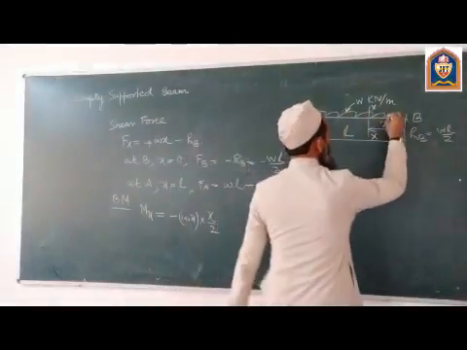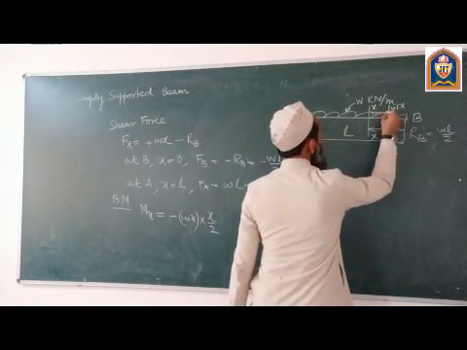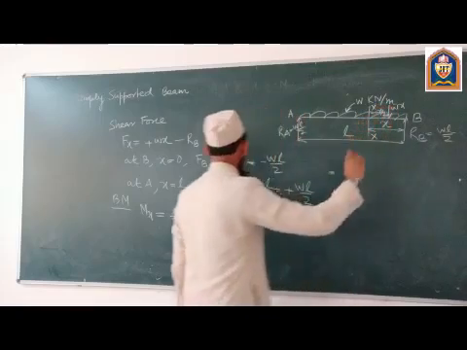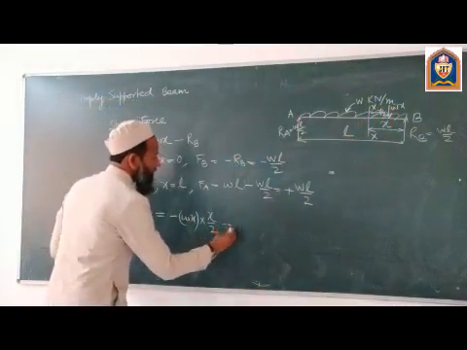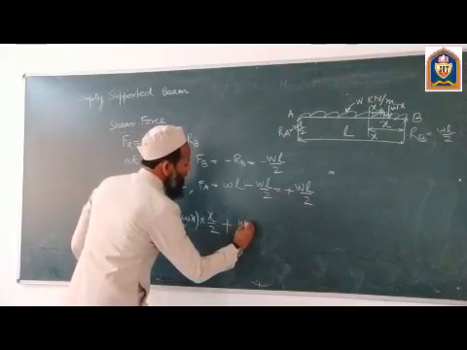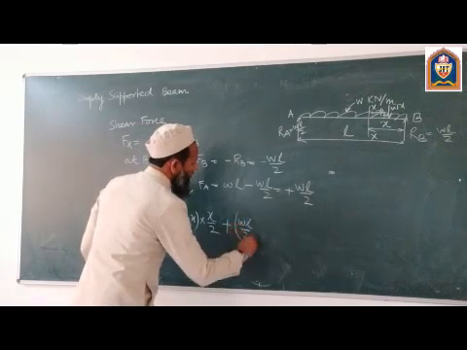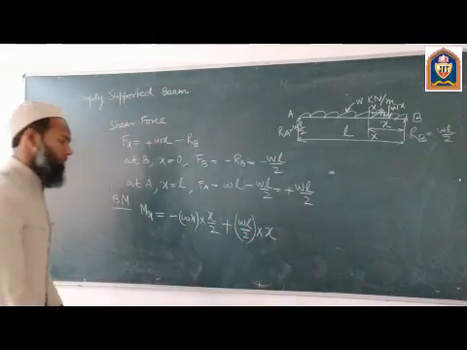It will act here. This is W into x, and this distance is x by 2. The other force is a reaction which is going up, so it will give a positive bending moment. So this is WL by 2, that is Rb, multiplied by x.